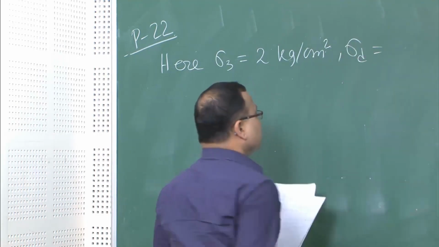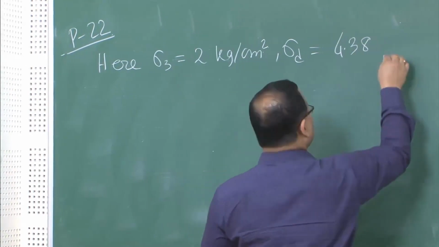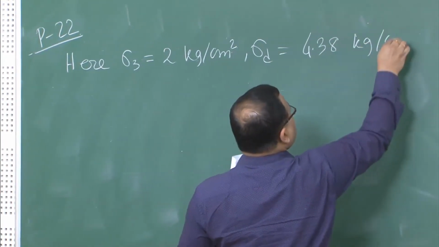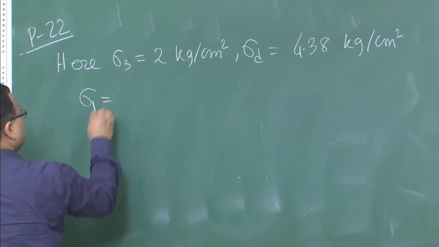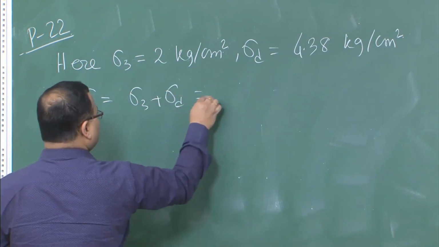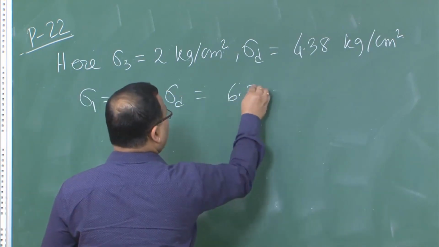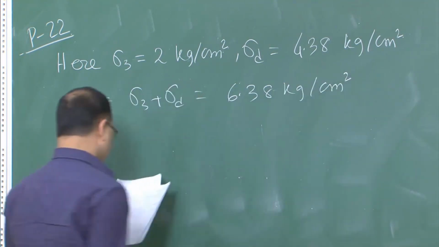Sigma d, that is the deviator stress, is 4.38 kg per centimeter square. Therefore, sigma 1, that is the major principal stress, will be sigma 3 plus sigma d, as we know, that gives me 6.38 kg per centimeter square.